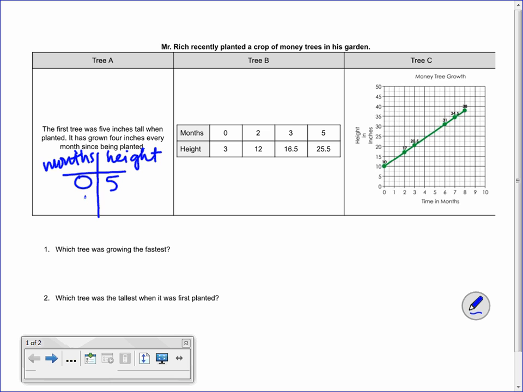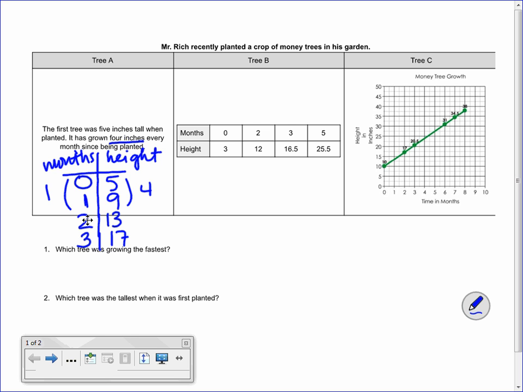But then after 1 month it's going to be 9 because I have to add 4 inches to it. And then 2 would be 13, because again, I'm adding 4 on this side and on this side I'm adding 1. And then I could just say 3, 17. That gives me enough data points to compare.